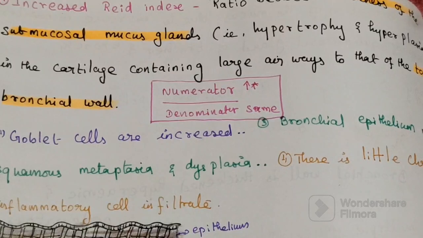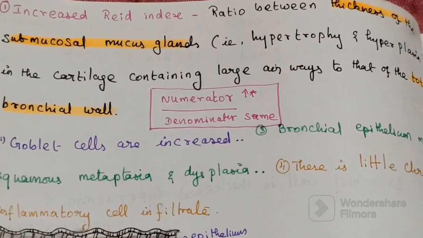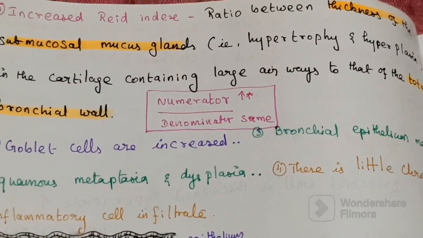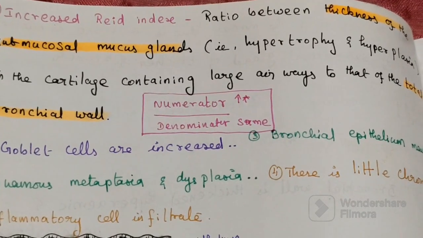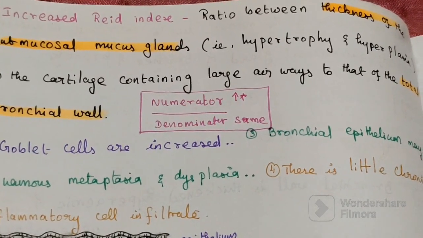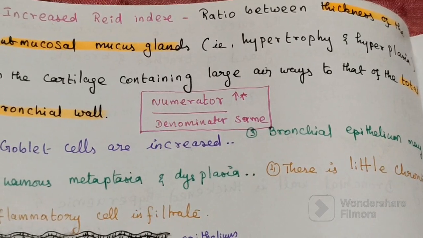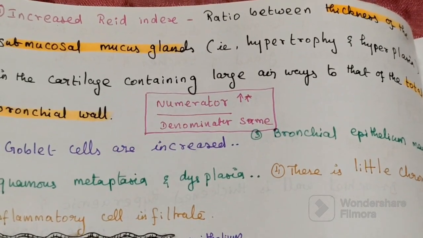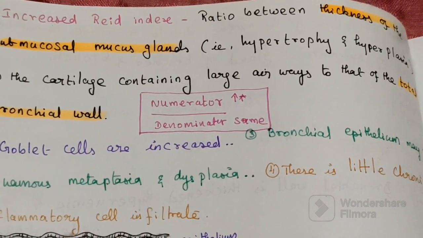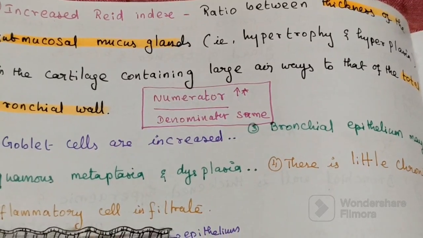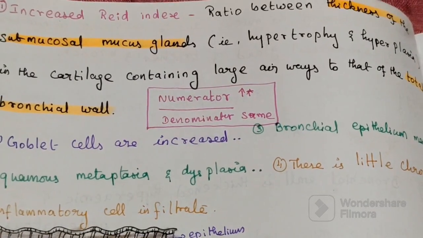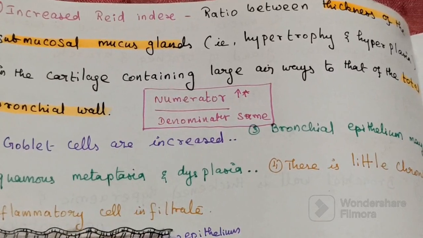Reid index is a ratio between two things. The numerator is the thickness of the submucosal mucous gland, which shows hypertrophy and hyperplasia. The denominator is the total bronchial wall.